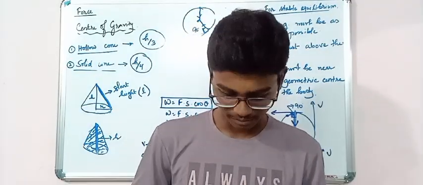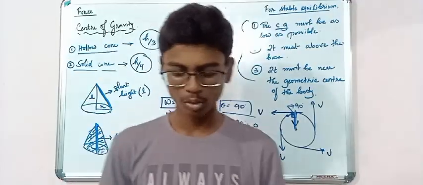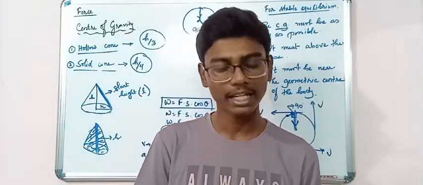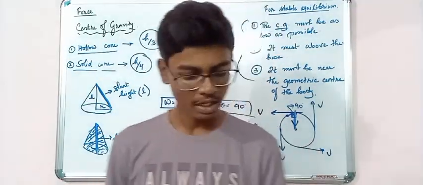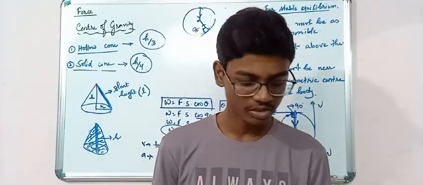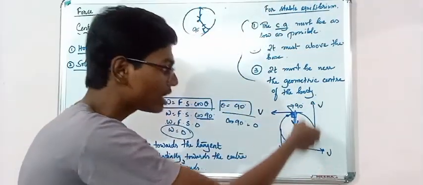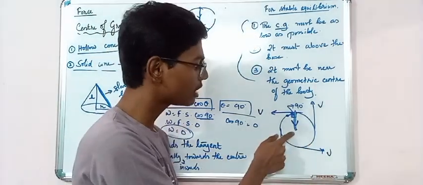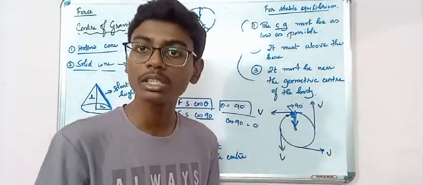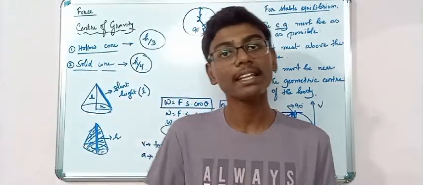Now the person who is actually experiencing that particular motion will observe two things. First is the tension T of the string towards the center of the merry-go-round. That means he will find that a tension is getting acted. That is the force which is keeping the body in motion.